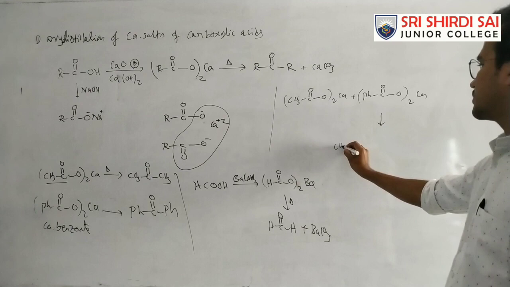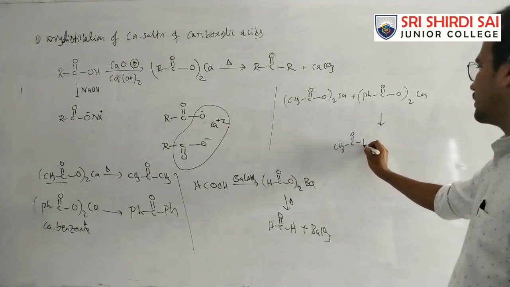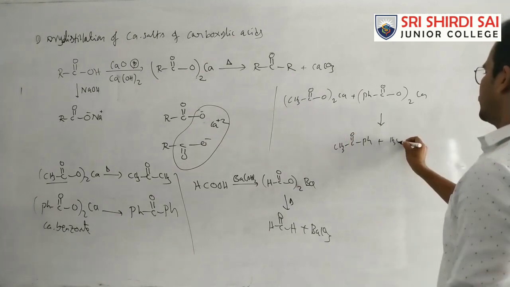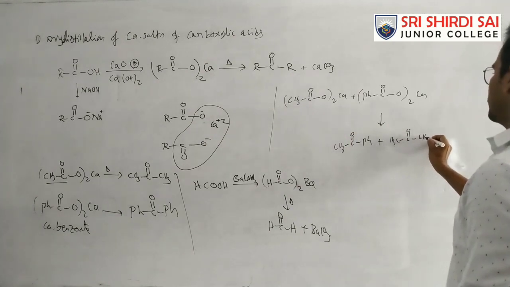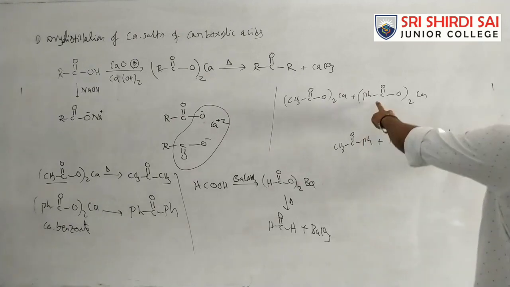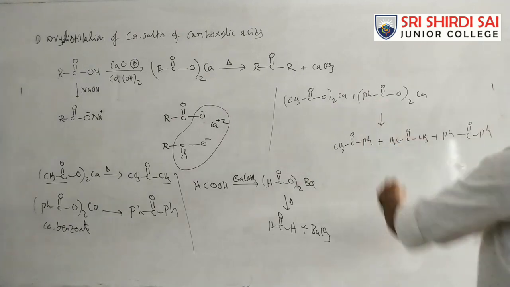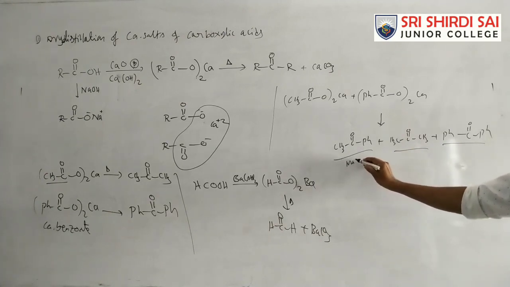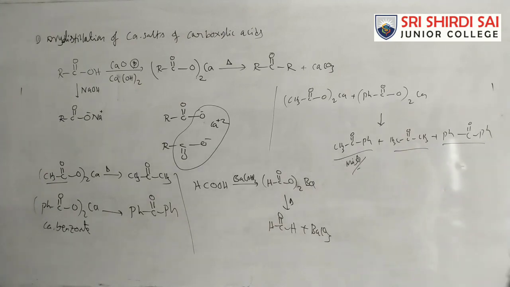In this case, cross products. For example, CH3CO, here Ph. And from this one, CH3 C double bond O CH3 plus from this one PhC double bond O Ph. It's a direct product and your cross product. Those three products are possible and this is the major product in this case.